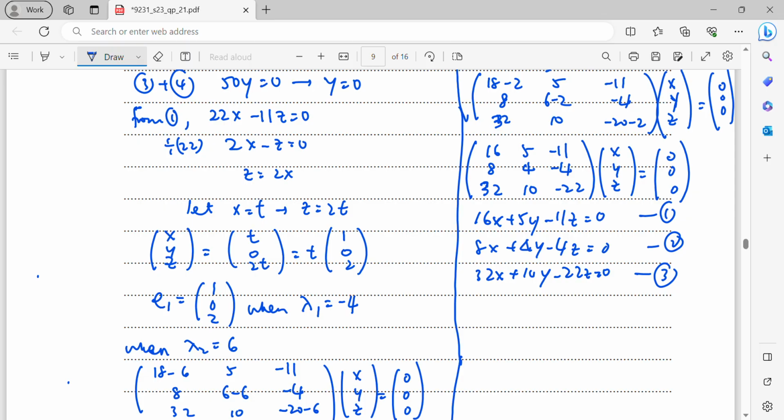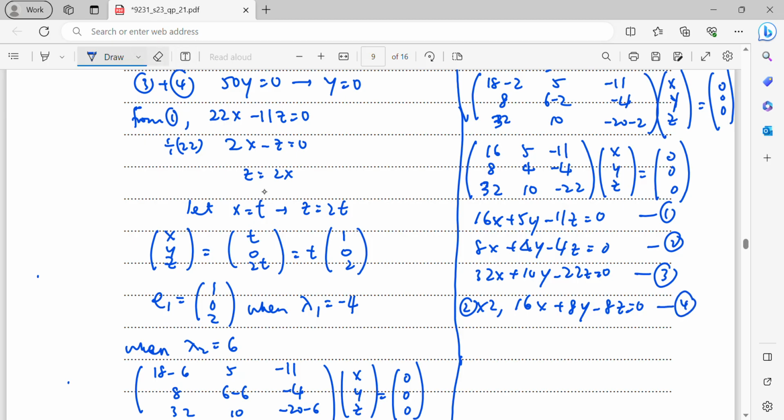Alright. So now I can simplify this by multiplying the second equation by 2, second times 2, so I'll get 16x plus 8y, then minus 8z equals to 0. This is my fourth equation.